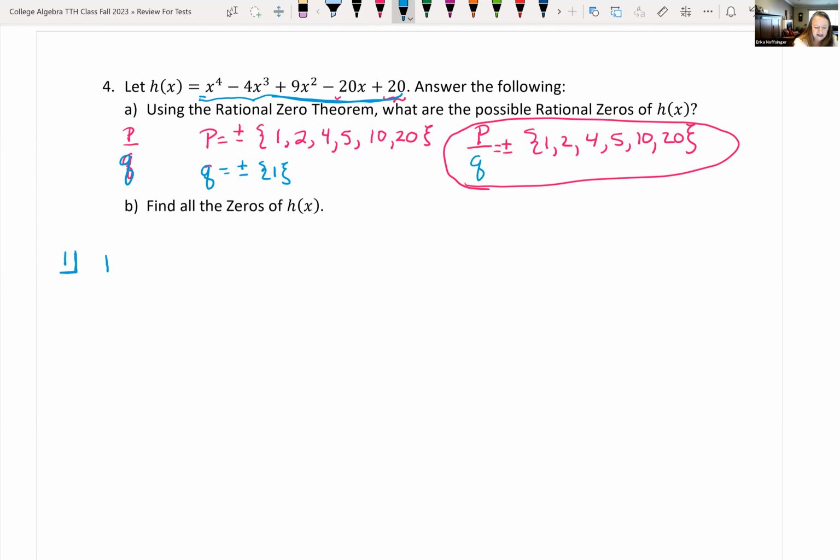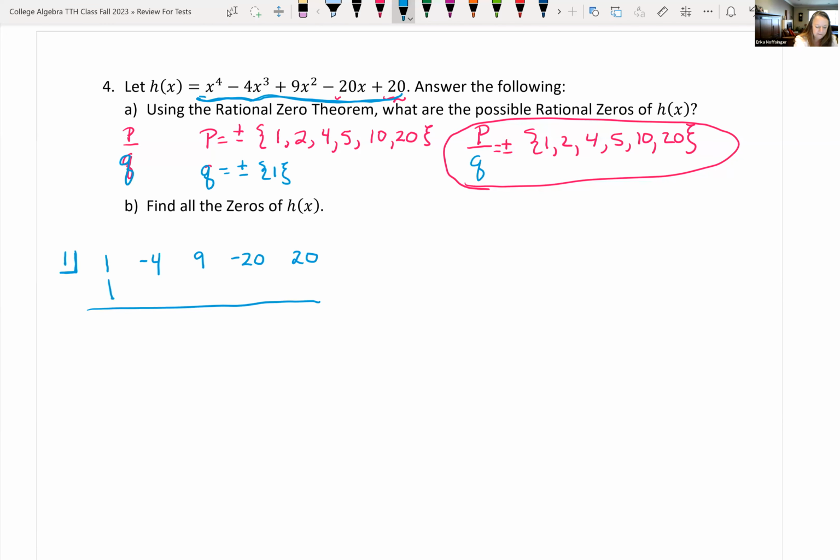If there was any term missing, we would put 0 as a placeholder. Make sure that your polynomial is in descending order of powers. So x to the fourth, we have a 1, and x cubed, we have -4, x squared, we have 9, x is -20, and our constant is 20. So on a horizontal line, write 1, -4, 9, -20, and 20.